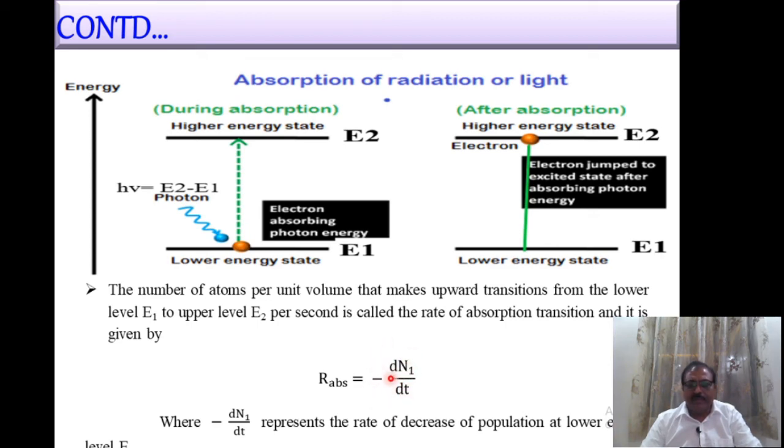The negative sign indicates the rate of decrease of the population at the lower energy level E1.